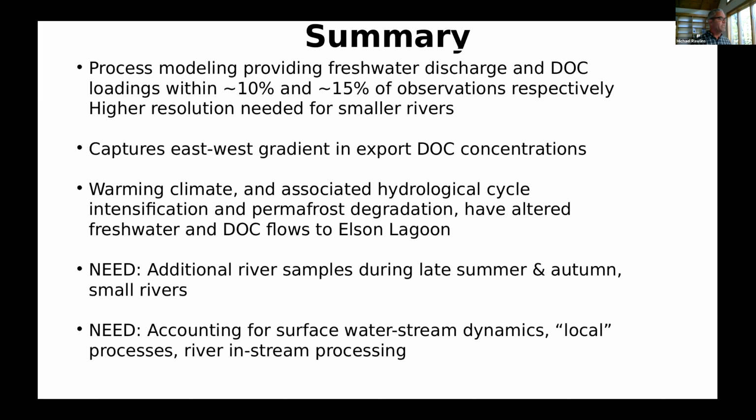We definitely need additional river samples during the shoulder seasons, particularly late summer and autumn for the smaller rivers, and accounting for surface to stream water dynamics, local processes, and last but not least, river in-stream processing is a big missing component here. Thank you.